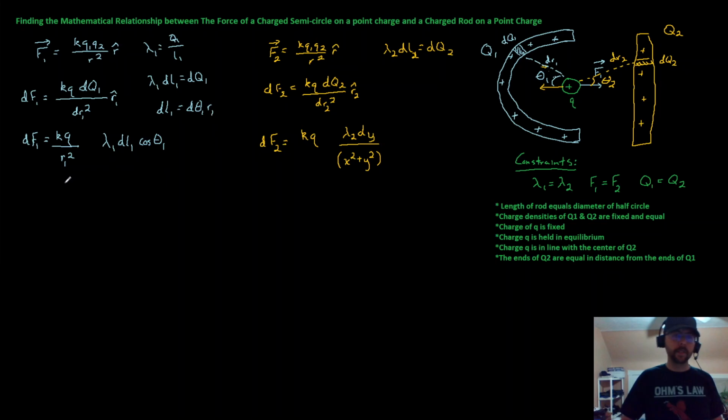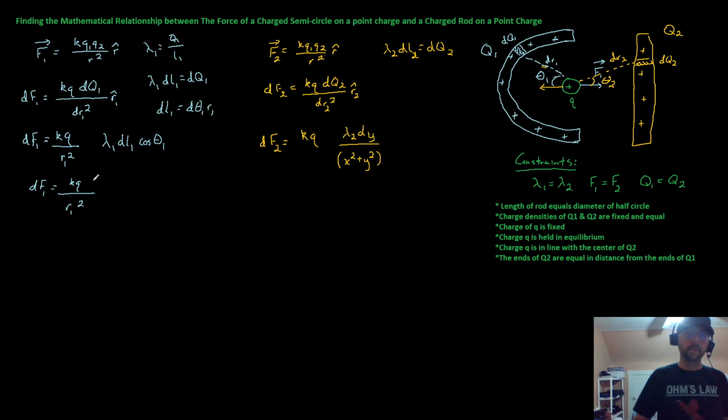So now we can plug this stuff in. So we have df sub 1 equals k q over top of r sub 1 squared. R, as before, does not change, so we can pull that out. So we have r sub 1.